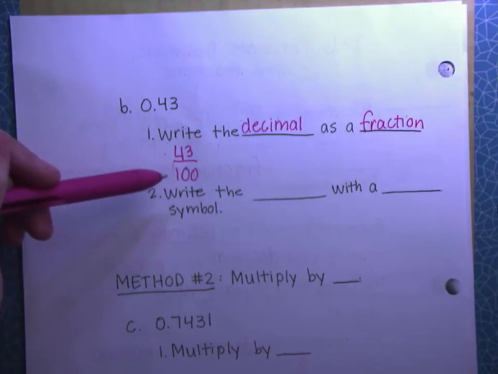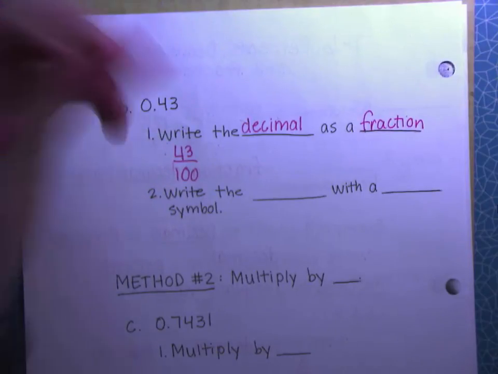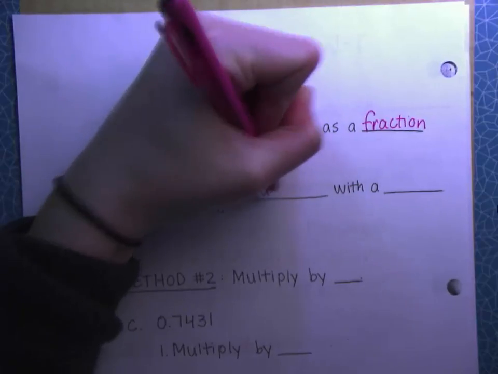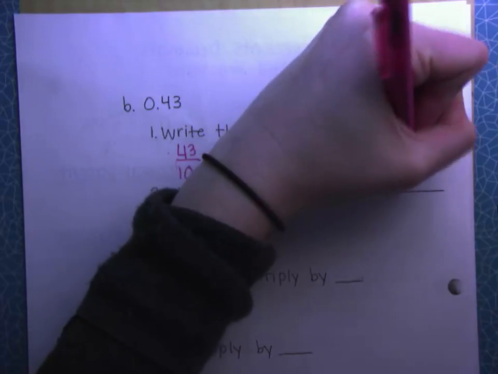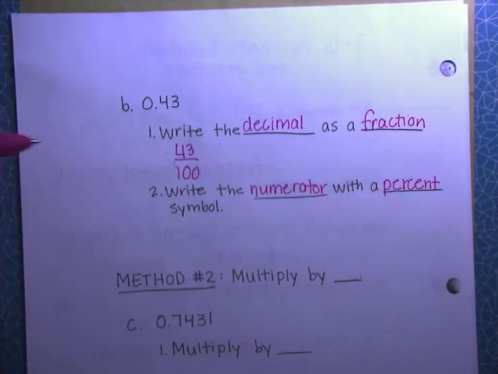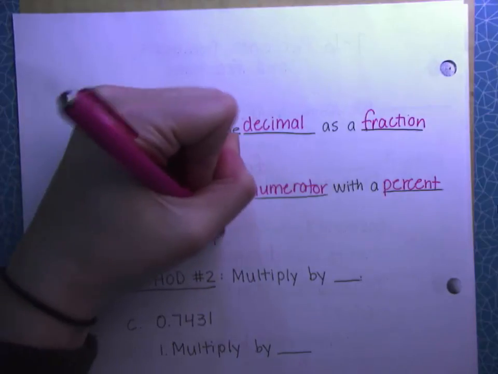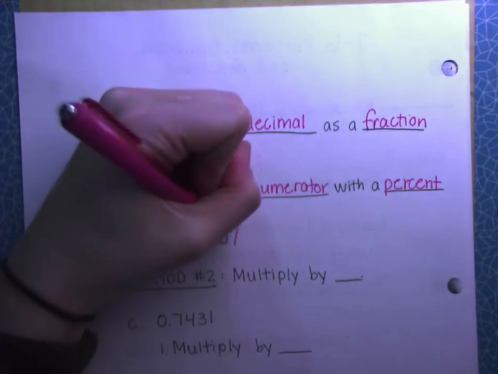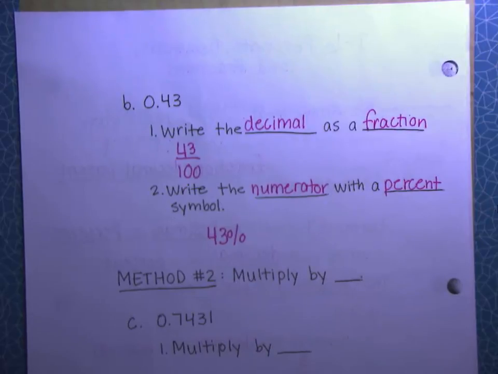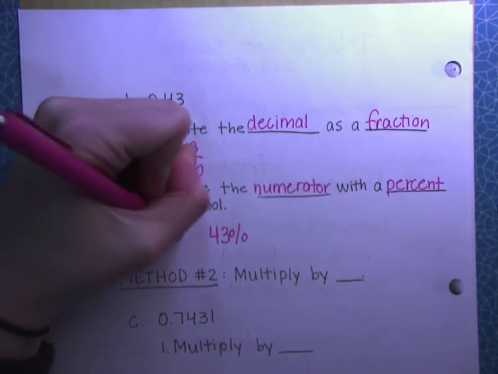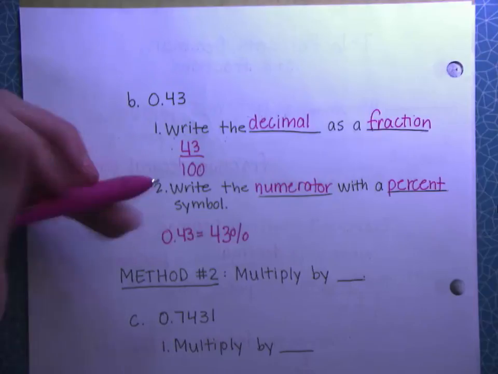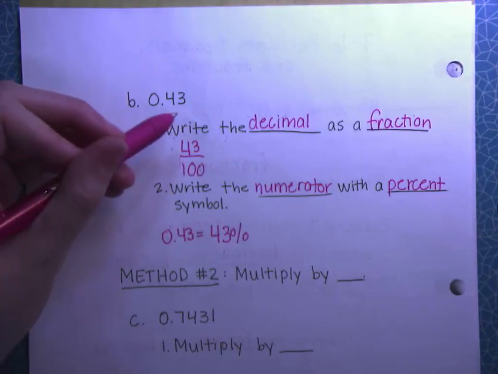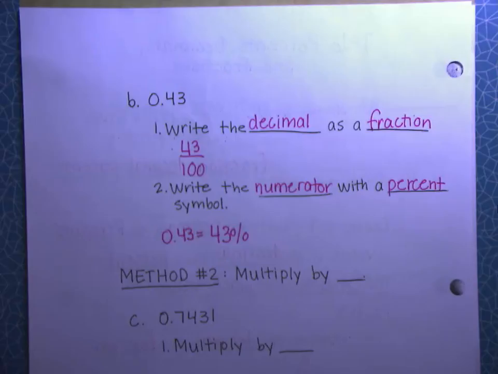It's already been done for us. So now all we have to do is write the numerator with a percent symbol. Okay, so 43 is my numerator, and I just add the percent symbol. And we can see that these are equal. So it's especially easy when you have a decimal in the hundredths place.